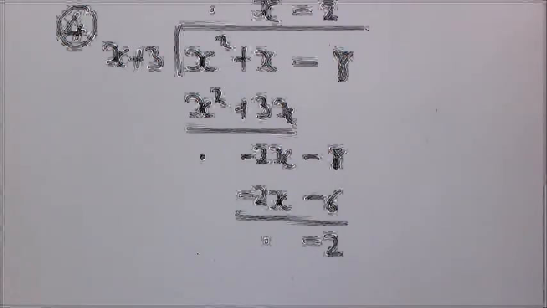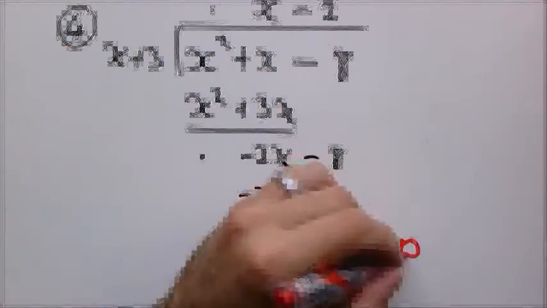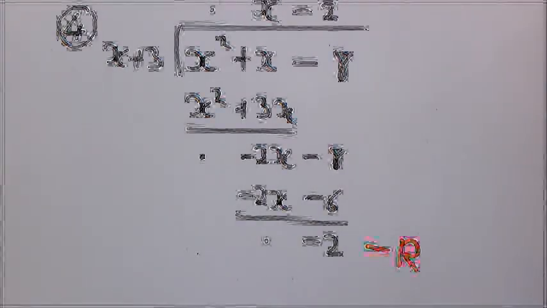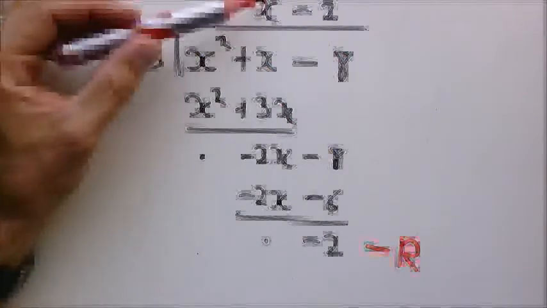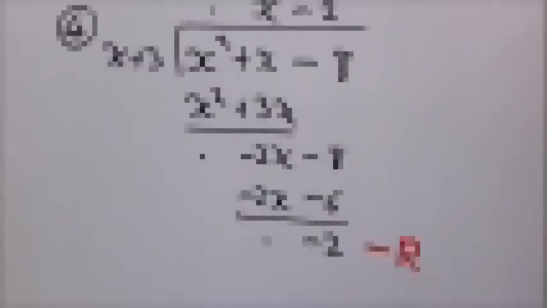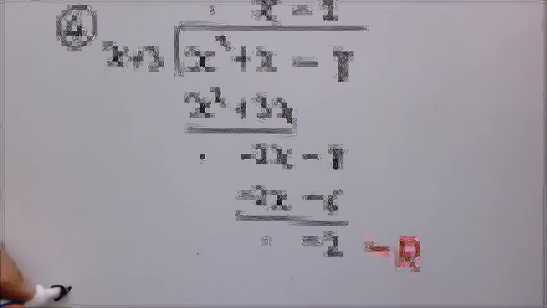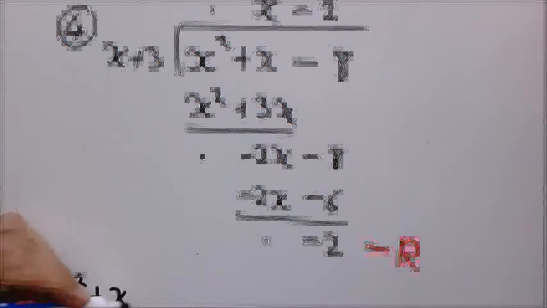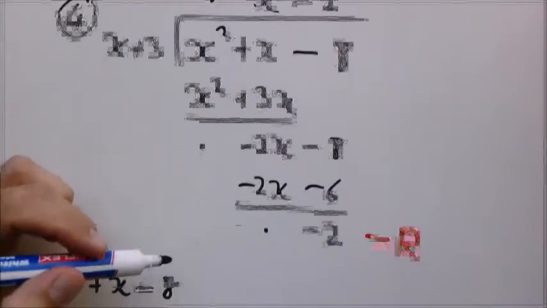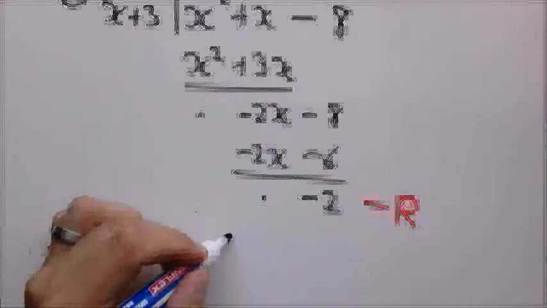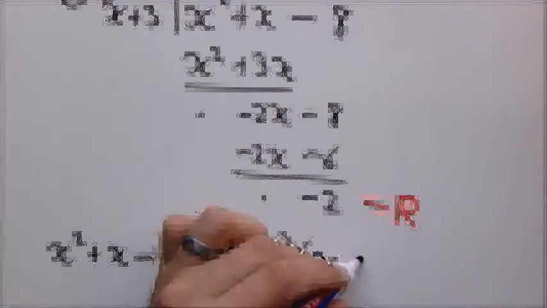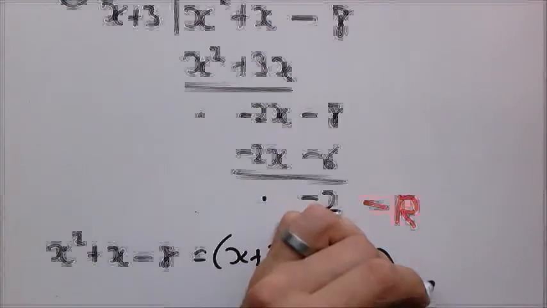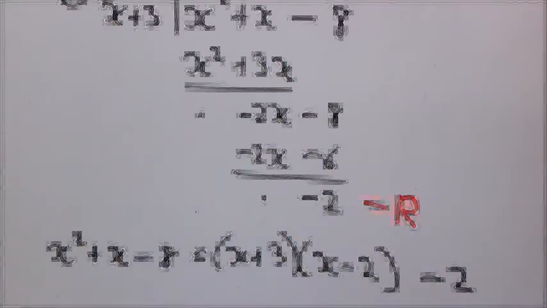And you will clearly see now, this is our remainder. And the same here, this is the divisor. The x minus 2 is the quotient still, this is still the dividend. So, in our expression now, we will say x squared plus x minus 8 is equal to x plus 3 times x minus 2 minus 2.